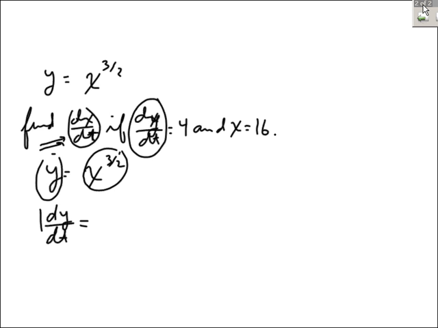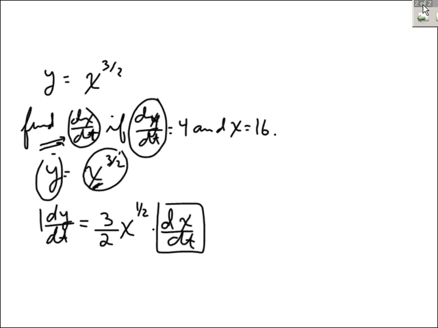The derivative of the right side, the derivative of x to the 3/2: you bring down the 3/2, you make the new power 1 less, times dx, since x is the only letter I see, over dt. Now they want us to find dx/dt, so we need to solve for this.